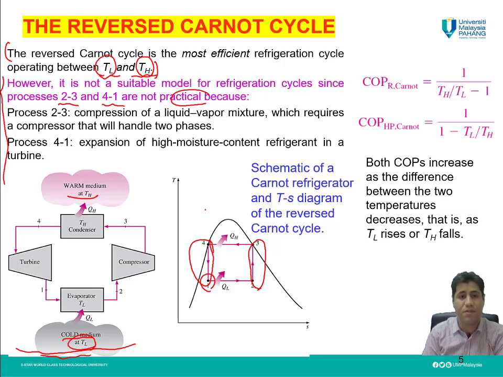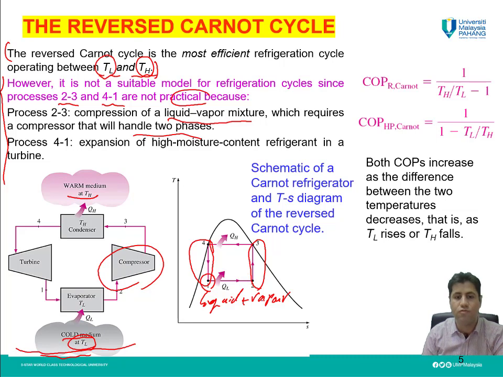Why? Because the process from state 2 to state 3, which is compression of a liquid-vapor mixture, requires a compressor that will handle two phases. If you notice, from state 2 to state 3, where we have the compressor, it is in this two-phase region. If you remember, under this dome we have the two-phase region, liquid plus vapor.